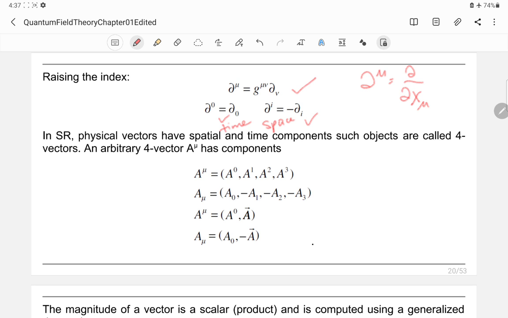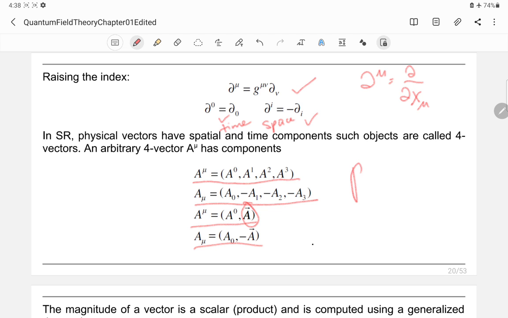Also in special relativity, you have what we call four vectors, because all physical vectors have spatial and time components. And you have here the vector written this way. This is the contravariant, and this one is the equivalent covariant, or you can write it that way, meaning your ordinary vector, what you have learned in basic physics, is just a component of the four vector.